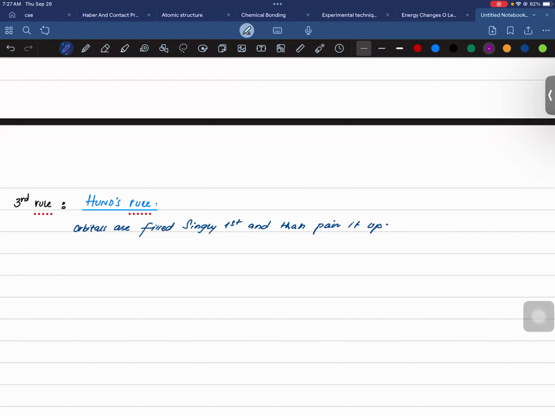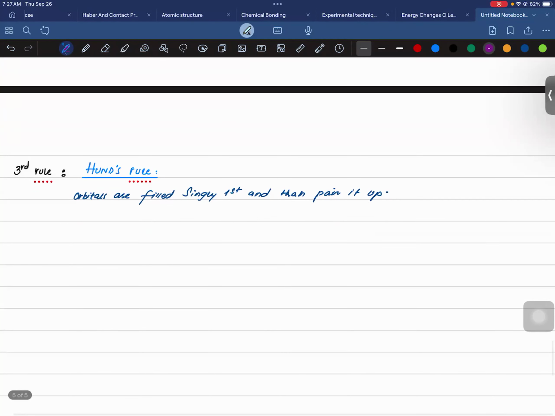What does it mean? Let's suppose you have 3p4. You know that the p subshell has 3 boxes. I mean to say that the p subshell has 3 orbitals. This is the first electron, this is the second electron, this is the third electron.